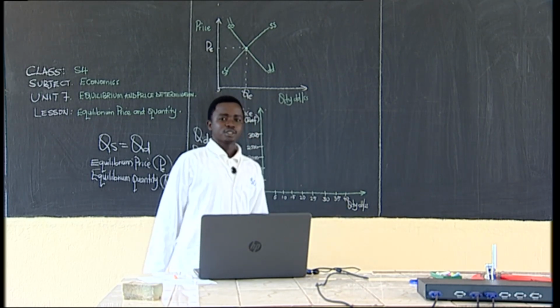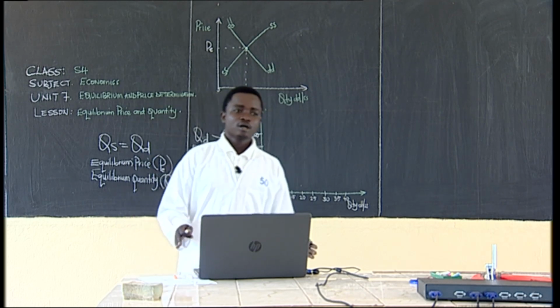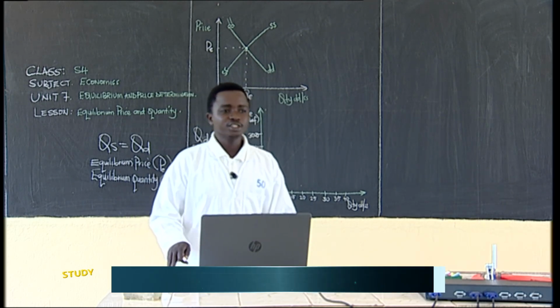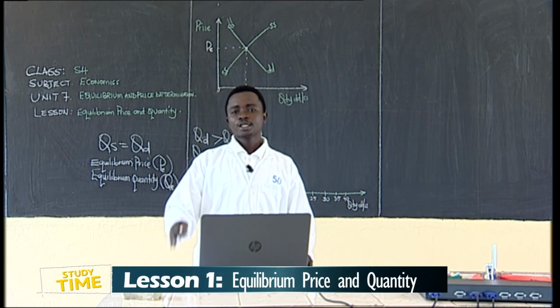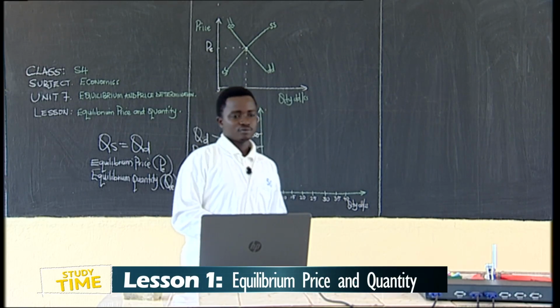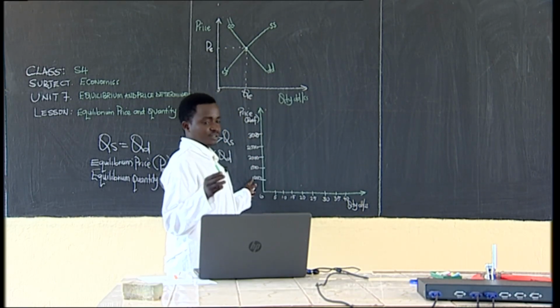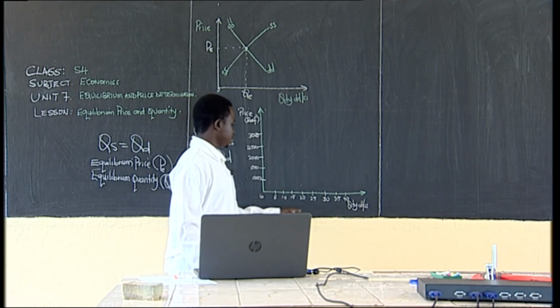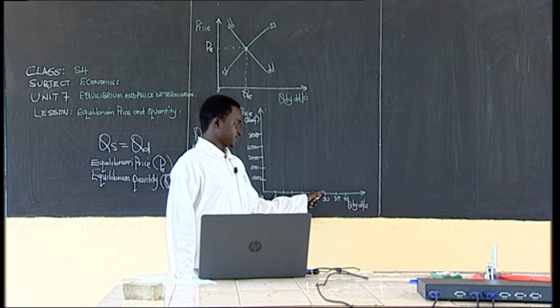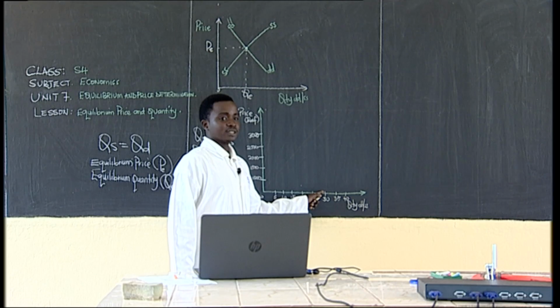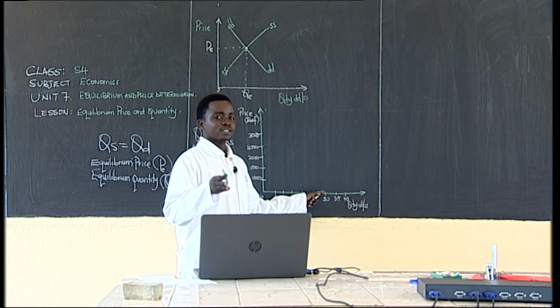So here you plot. We can begin by plotting price of meat with quantity demanded of meat. At 1,000, if you check very well, quantity demanded is 30 kilograms. And if you check very well, as price kept on increasing, quantity demanded kept on reducing.